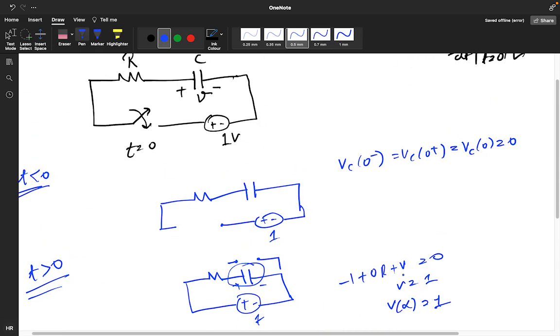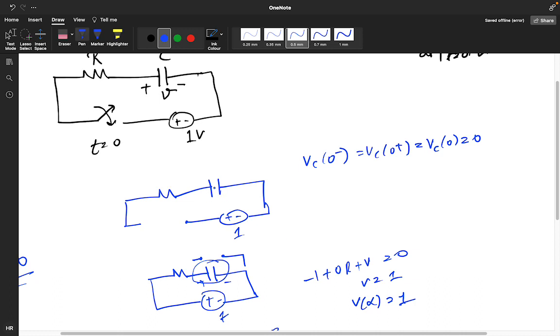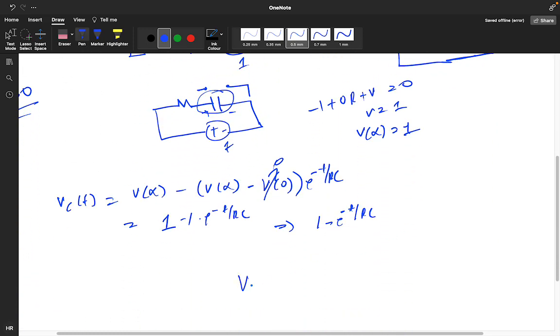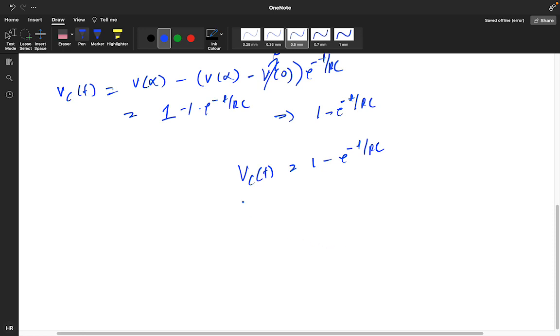What will be the value of R? R value, if you see from this capacitor, your circuit becomes like this now. It will become short circuited. You are seeing from the capacitor point of view, so the R value is this only. So your Vc(t) is 1 minus e power minus t by RC. They asked the rate of change of the voltage, so find dVc by dt.